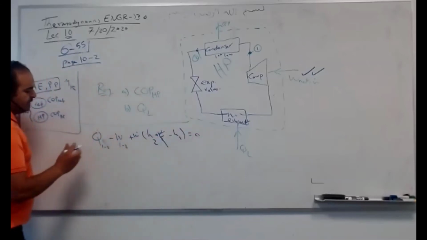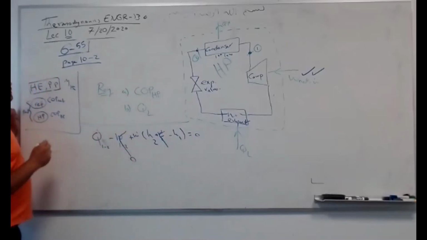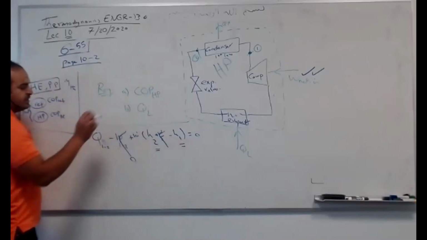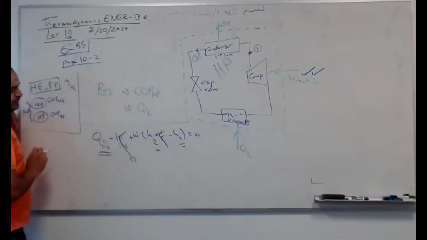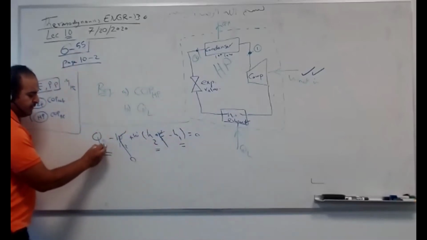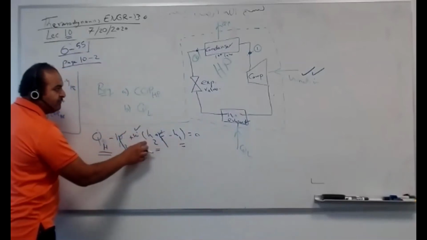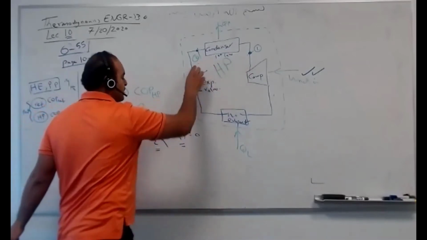It means there is no work here. This is a condenser. So the drop in enthalpy is reflected in Q high. M dot, we have it. State 1, we have it. State 2, we have it. We can get Q high.